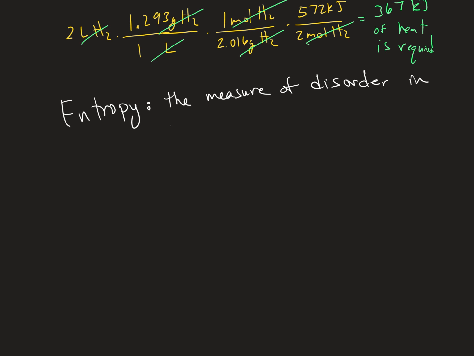And since entropy is the measure of disorder, the symbol is delta S. I don't know why, somebody else looked it up and it didn't make sense why, so we'll just use that. Okay?